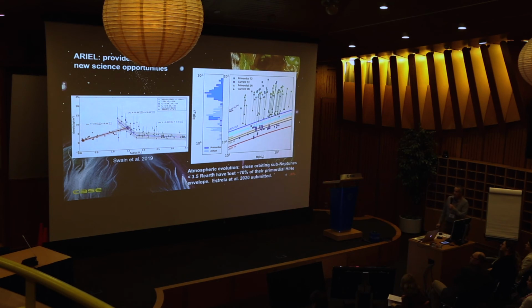Another area that we're looking at in the CASE science team is the potential for looking at smaller planets. So in this case, I'm highlighting a couple of recent findings. The large figure here on the right is a study of atmospheric evolution in planets that have radii of less than 3 Earth radii.